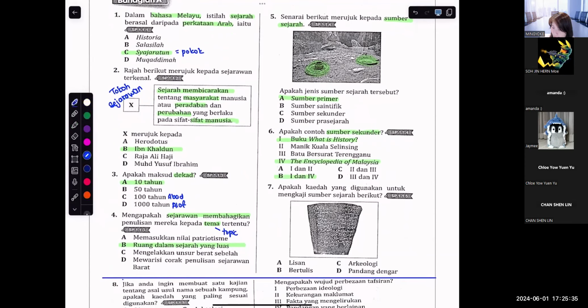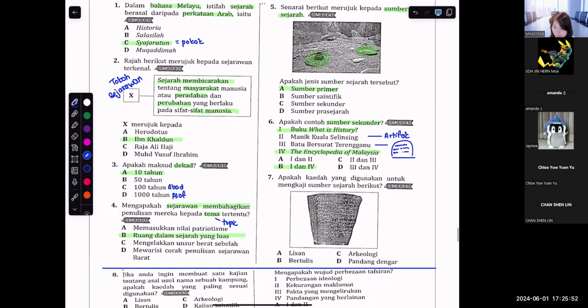Because manik are artifacts. Batu bersurat are the rock with carvings on it. So it's original. We cannot copy. So what kaedah do we use to research the rock with writing?